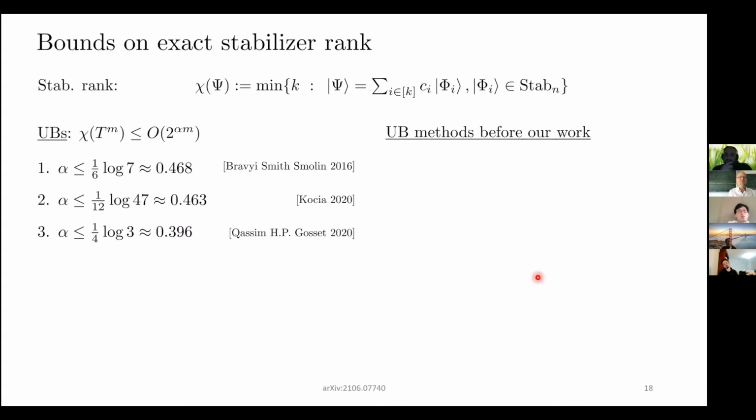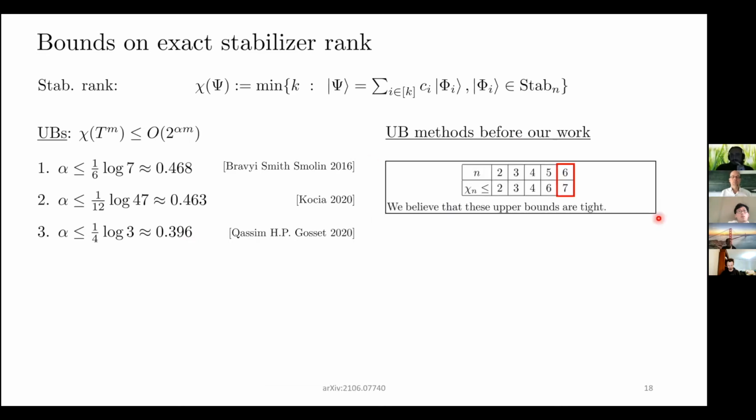So I want to make a comment about the fact that all previous upper bounds of this type were quite different to the approach that we're going to outline. So I want to talk about what the previous structure was for these upper bounds.